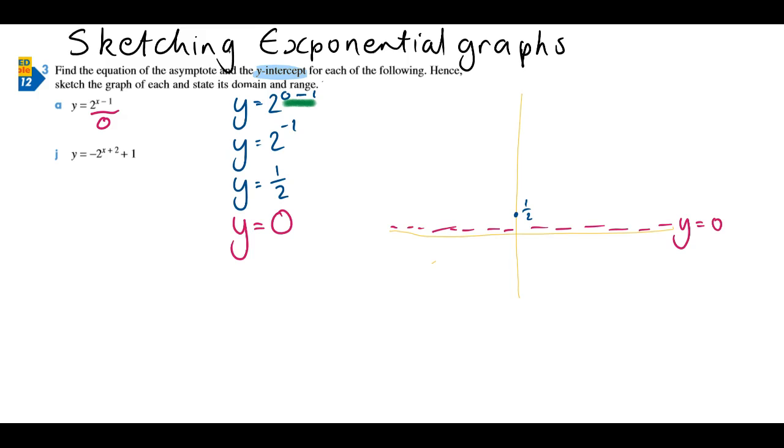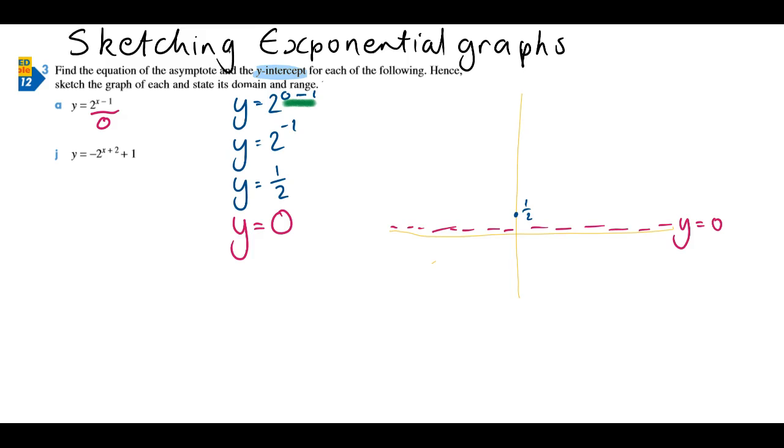Okay, now with these two facts, I can sketch the graph. I just need to have a look at it and think, is it going to go this way or that way? Because that's important. So, looking at this graph, as x gets really big in the positive, this is going to become a huge number.